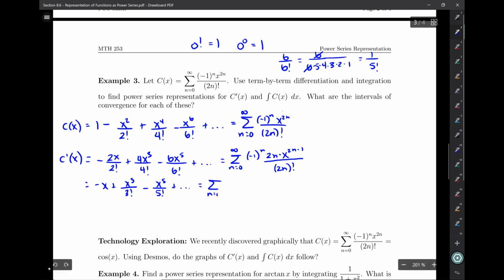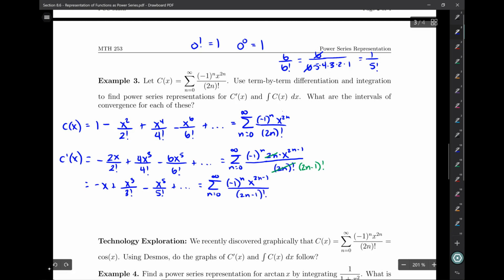So notice what we end up getting is this negative 1 to the n, bring that all the way under there, and then the 2n will cancel out with one of these 2n's and become 2n minus 1 factorial.